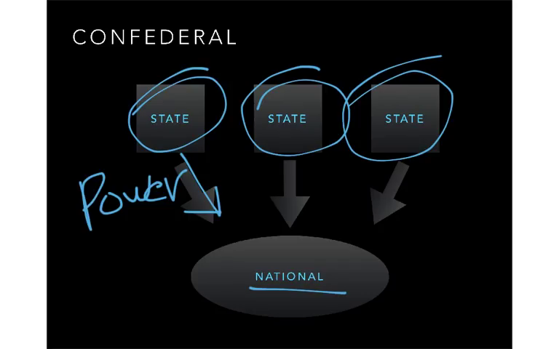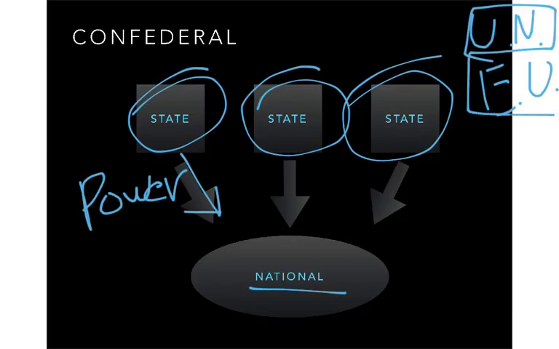Examples of this would have been the Articles of Confederation, or things like the United Nations or the European Union, right? Member states give the power to the central government such that they want to, and if and when they decide they don't want to do it anymore, they get to cut it off, because the power resides with the states, and that's a confederal form of government.